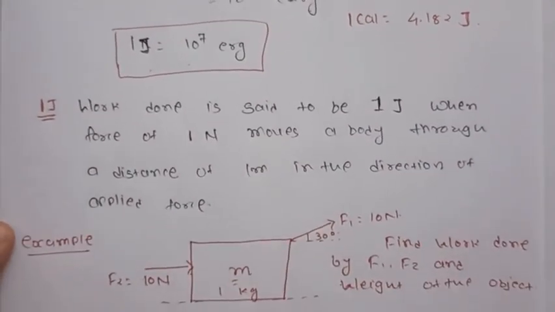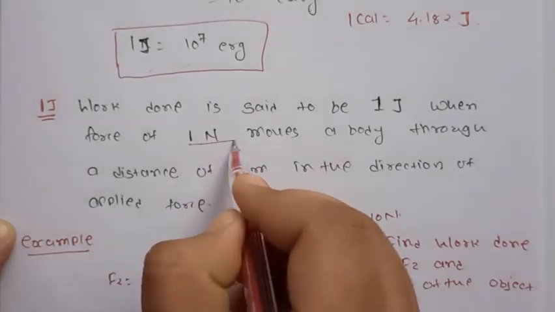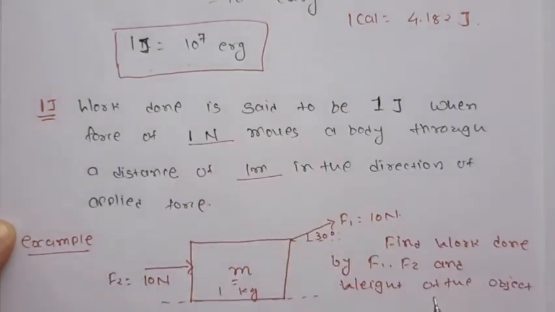Now, how will you define 1 joule of work? A work is said to be 1 joule when a force of 1 Newton moves a body through a distance of 1 meter in the direction of force.